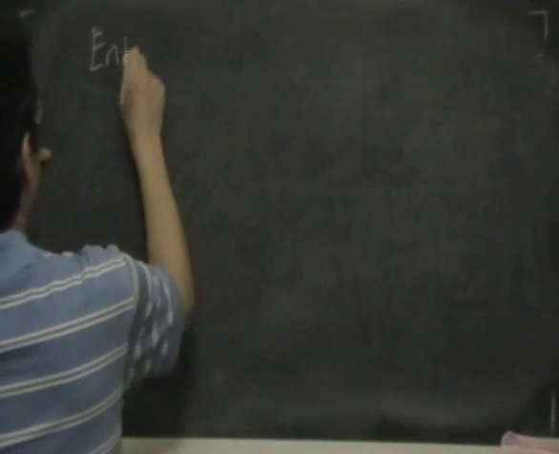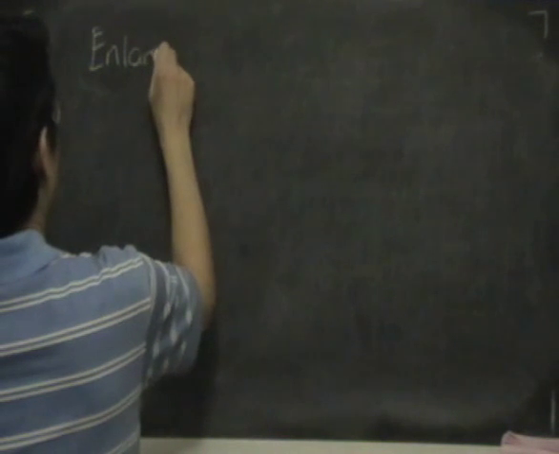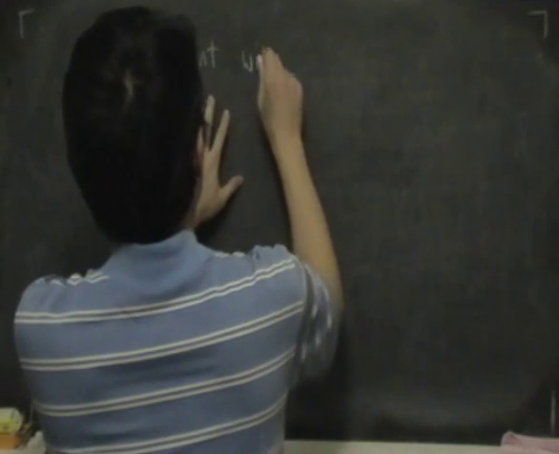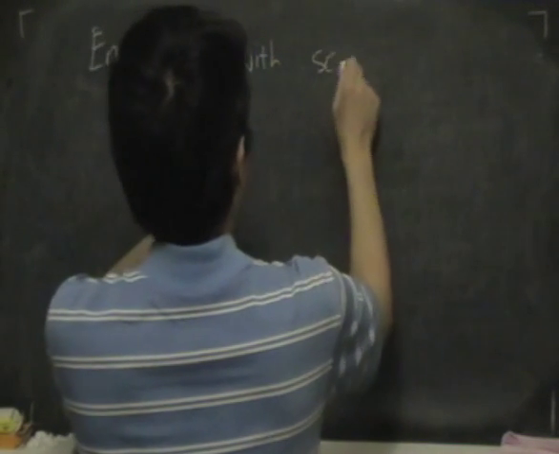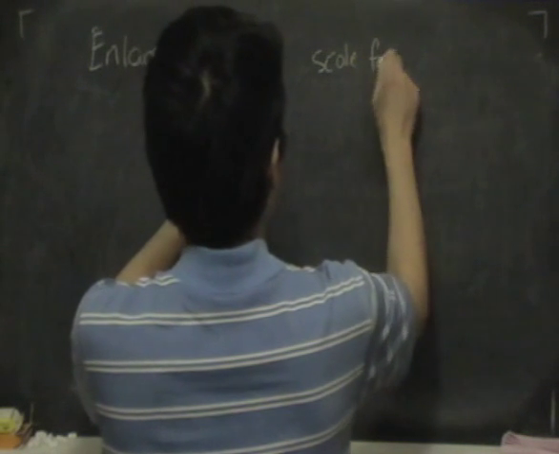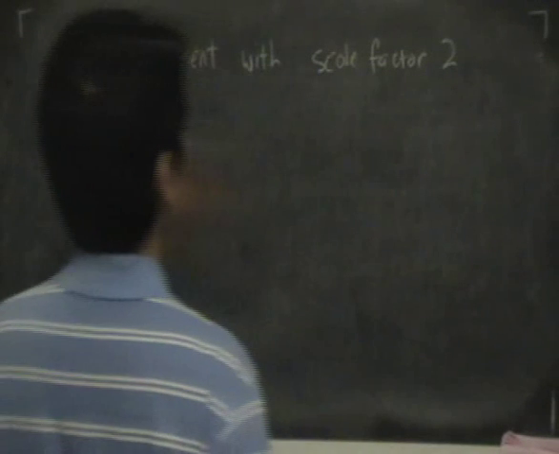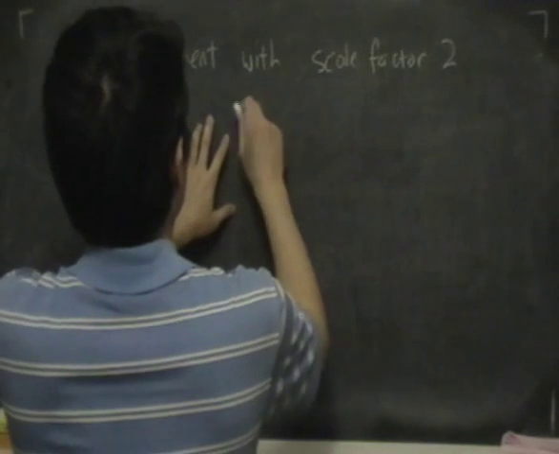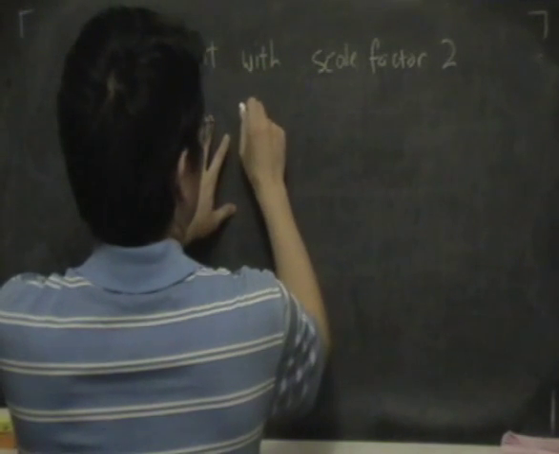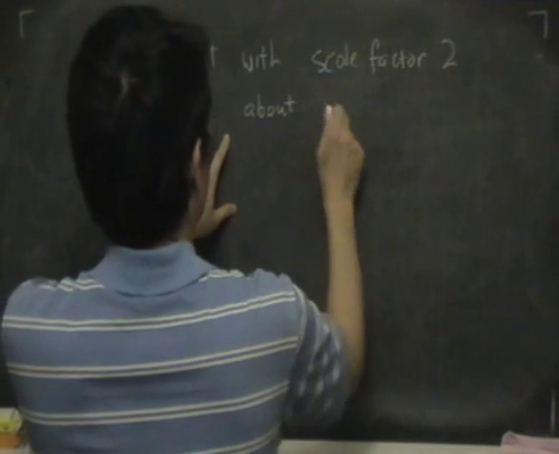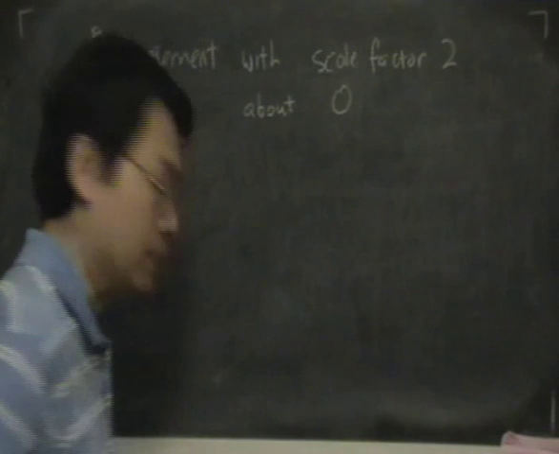So let's do enlargement with, say, a scale factor of 2, about the origin.